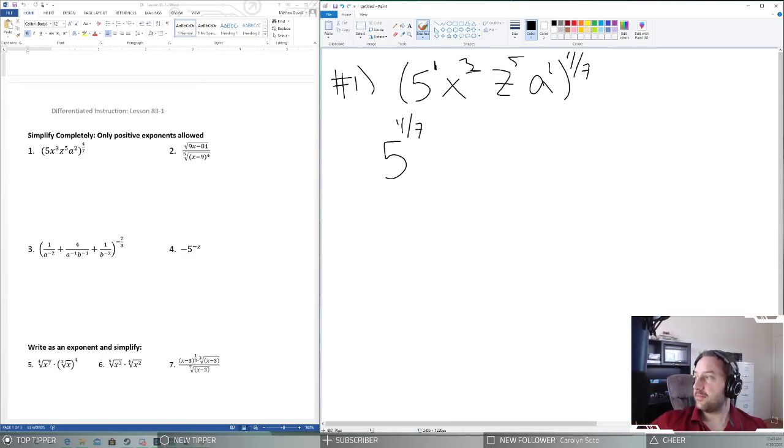Then 3 times 4/7, so that's going to be x to the 12 over 7. And then 5 times 4 over 7, so you're going to get z to the 20 over 7. And then it's a squared, so the 2, so we're going to get a to the 8 over 7.